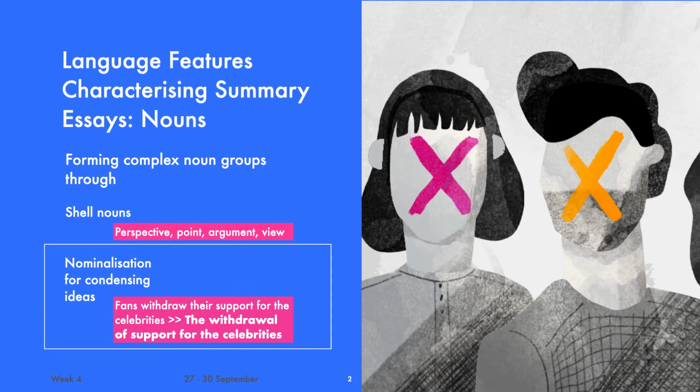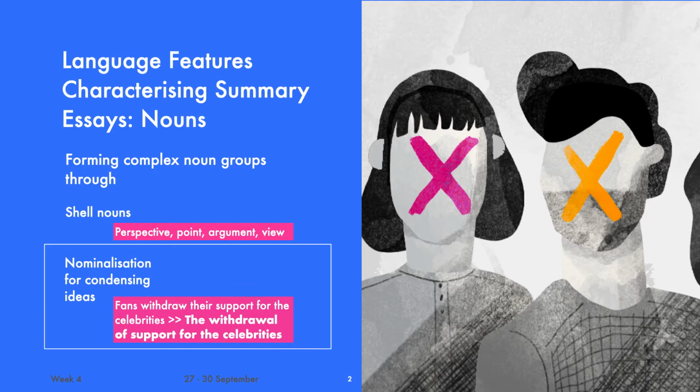The clause goes, fans withdraw the support for the celebrities. And if you want to make it into a noun, you can nominalize the verb withdraw into the noun withdrawal. And the whole noun phrase would be the withdrawal of support for the celebrities. I'm sure you are familiar with this phrase because it's the definition for cancel culture, a brief definition.